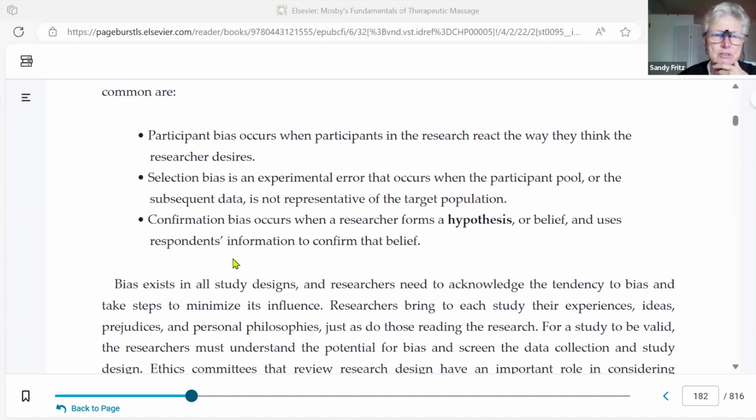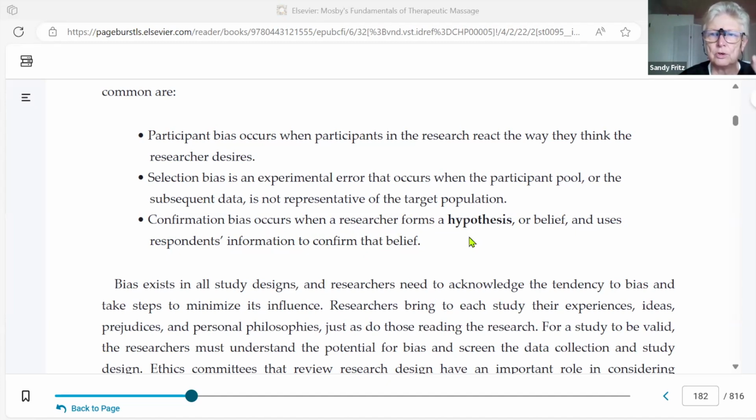And then confirmation bias occurs when a researcher forms the question, the hypothesis, or the belief, and uses the information to confirm that belief. You're not going to look at other options. And that skews how you interpret your research.